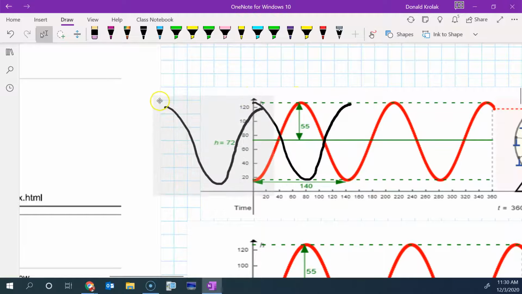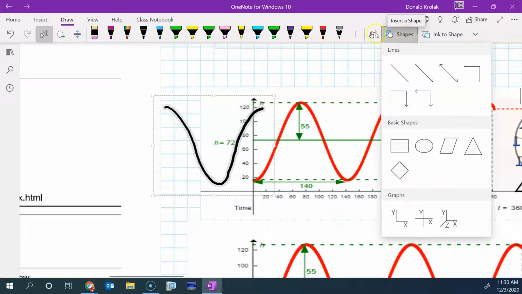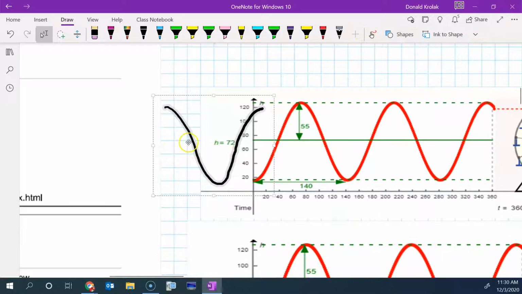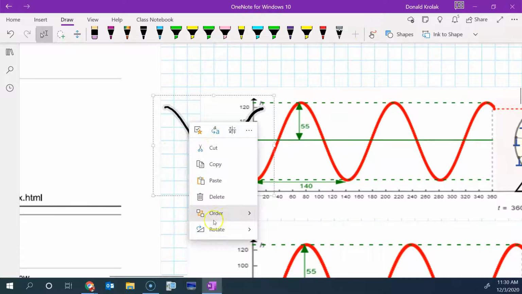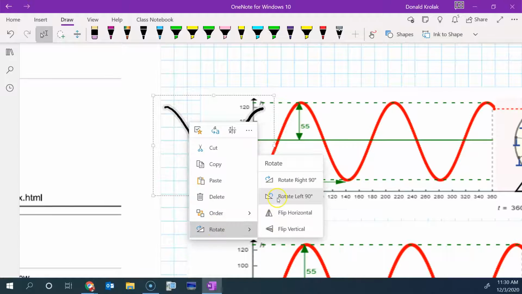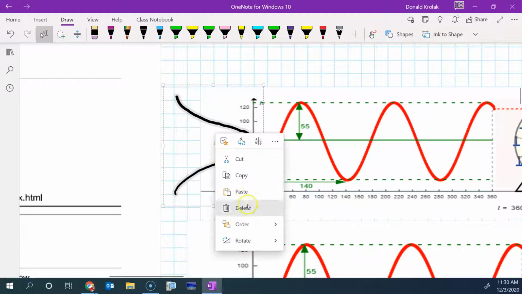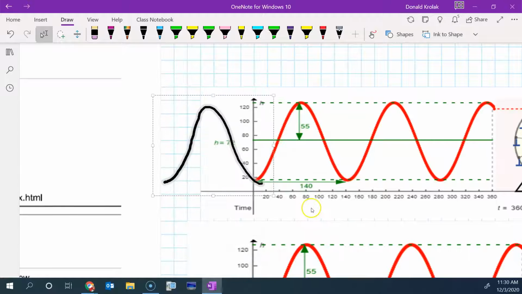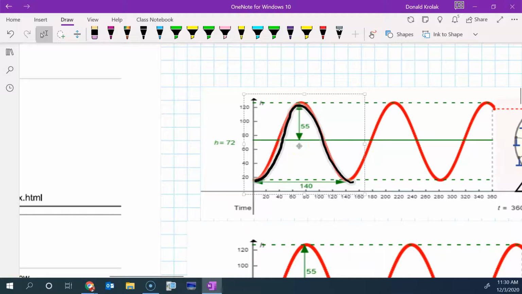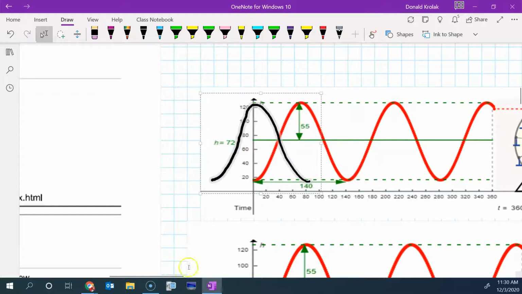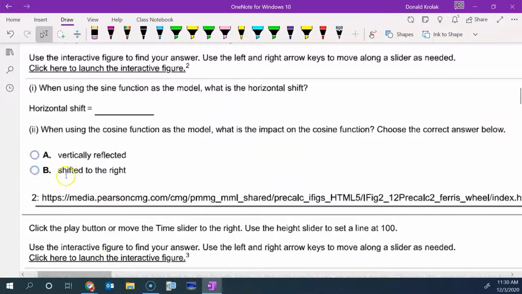I've got to take that and flip it over. Rotate. And now it matches that. So the answer to that one is you have to vertically reflect a cosine so that it matches the model. So choice was A.